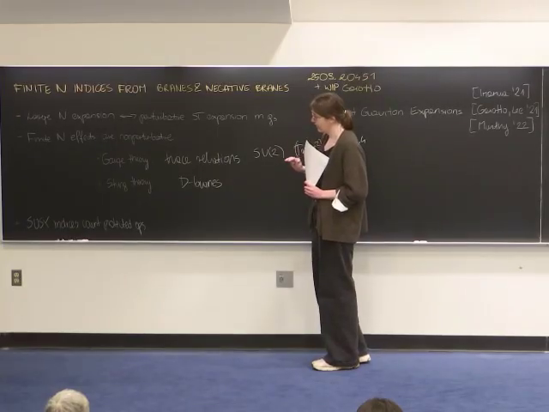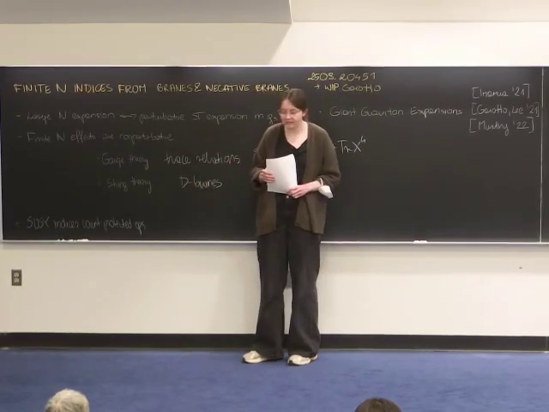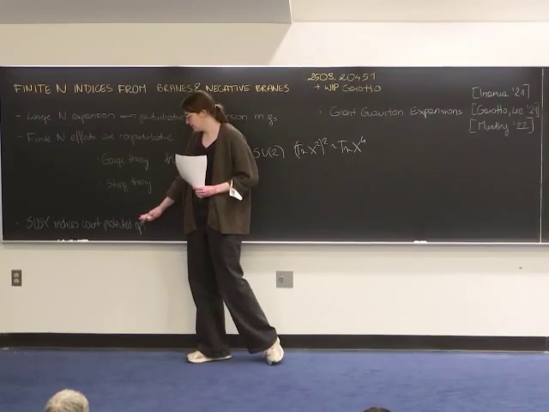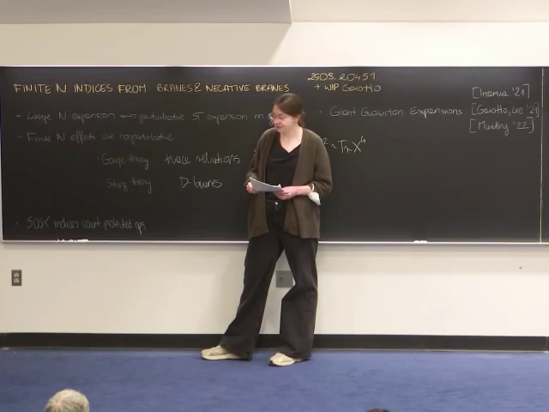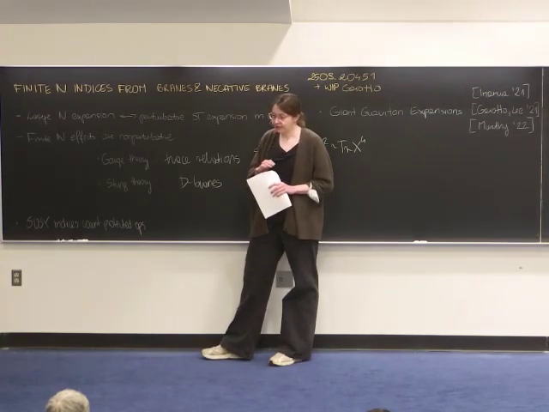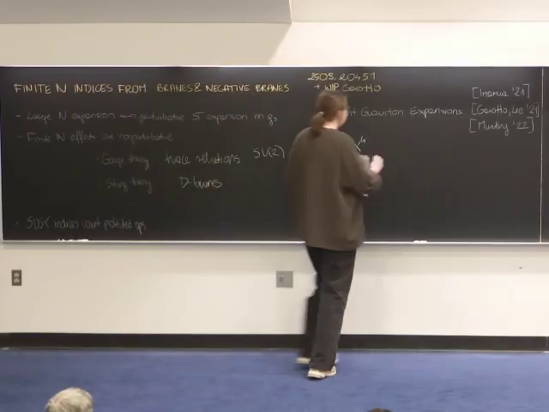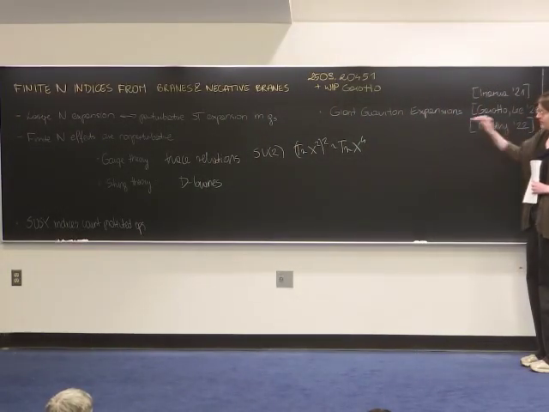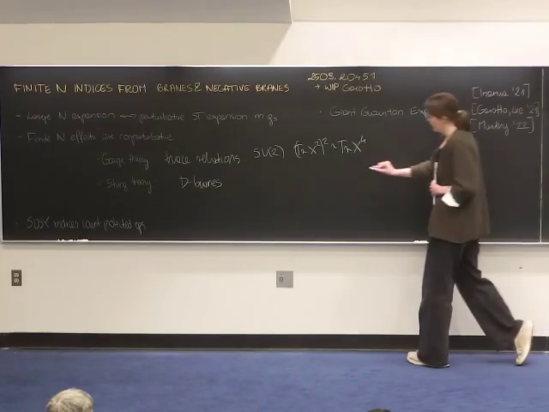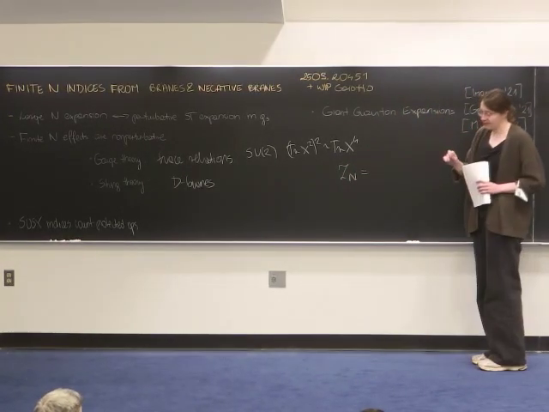A natural setting to study these finite N effects is supersymmetric indices. Supersymmetric indices count protected operators with signs, and they don't depend on couplings. In the last few years, there's been some progress in computing finite N indices, in what's known as giant graviton expansions.